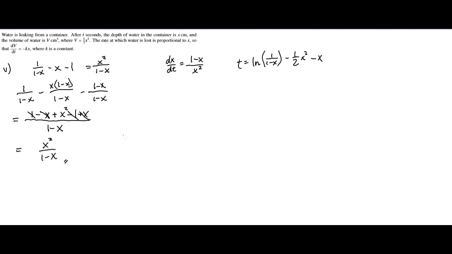So that's straightforward. Now we need to integrate this expression to get a t in terms of x expression. So let's start by moving dt to the right. So integral of 1 dt, because there's no t here, and you multiply this expression to the left to get x squared over 1 minus x dx.